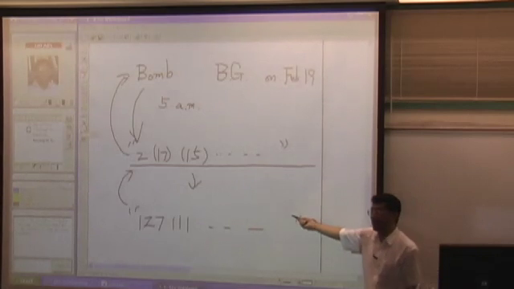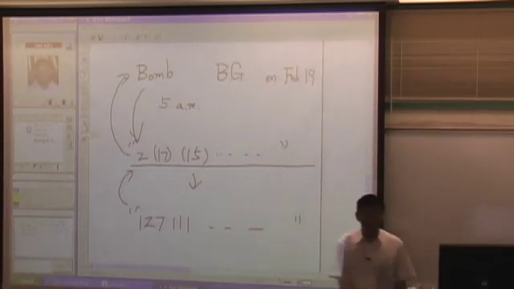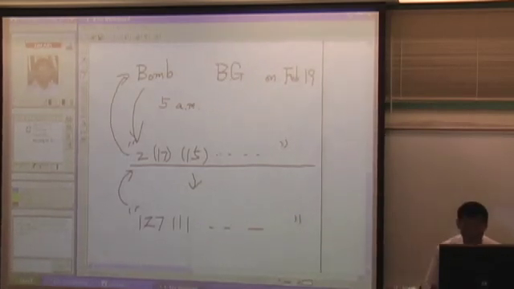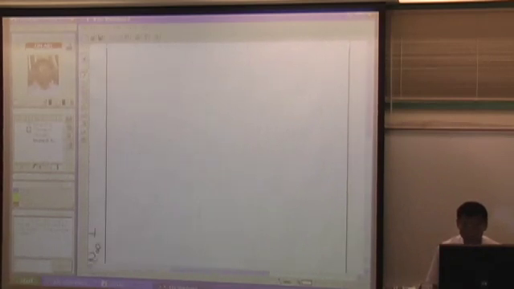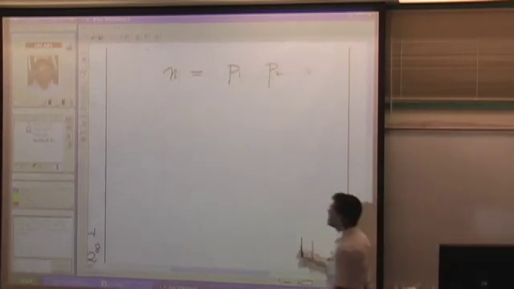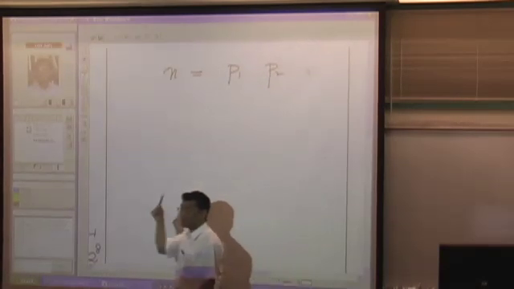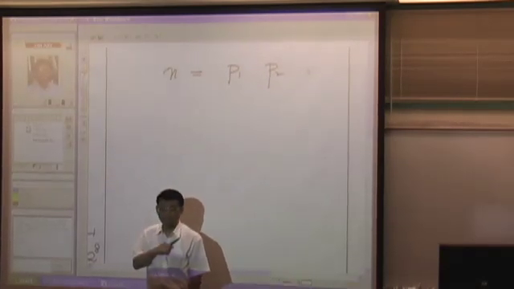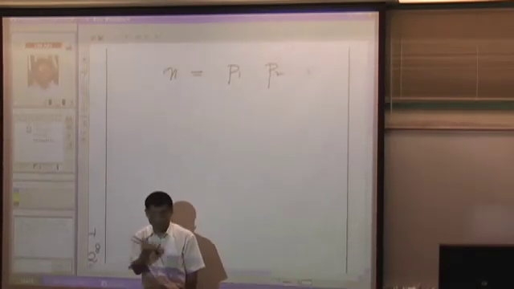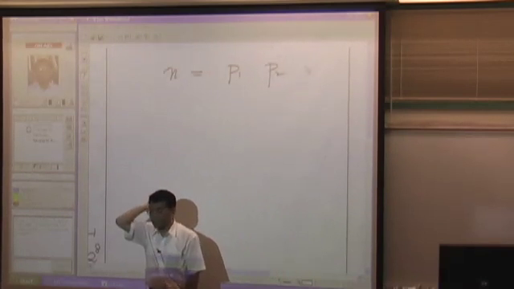Then how can you do it? We use prime numbers, and the big idea is this. We use some number n, and n is the multiplication of two prime numbers, p1 and p2. Two big prime numbers are multiplied to make n, and then we scramble the message using this n.